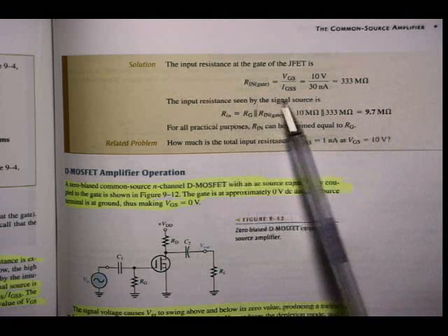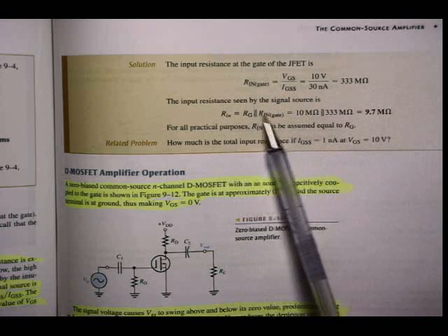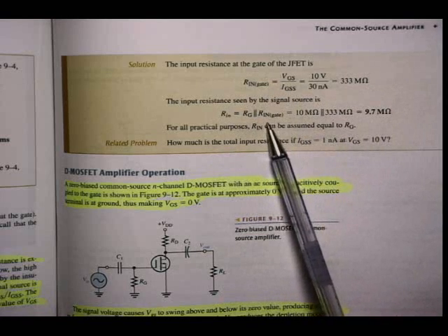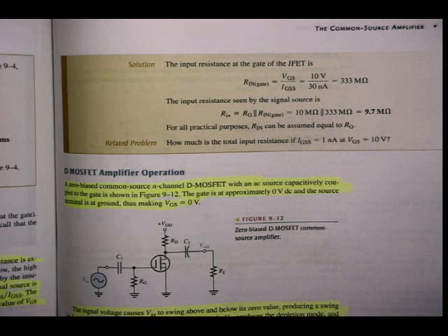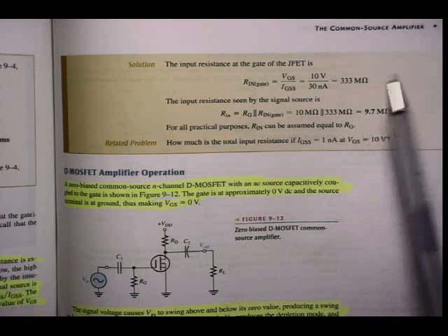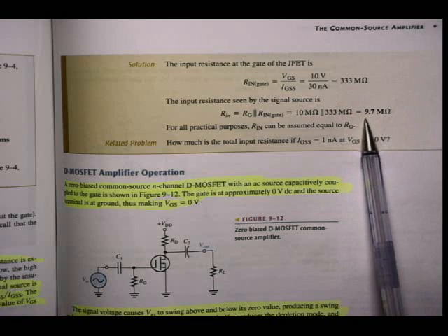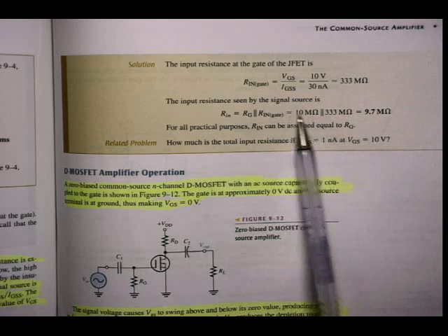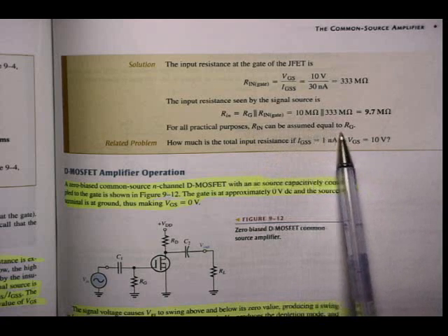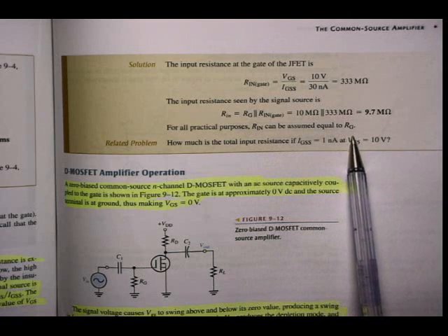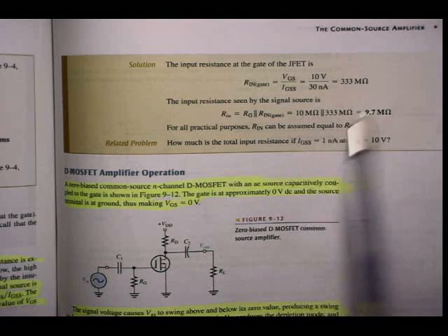So the input resistance seen by the signal source is RG in parallel with that Rin at the gate. And what do I know about two resistors in parallel, where the one is much larger than the smaller one? The total resistance will be close to the value of the smaller one. So for all practical purposes, Rin can be assumed equal to RG. Please make a note of that.